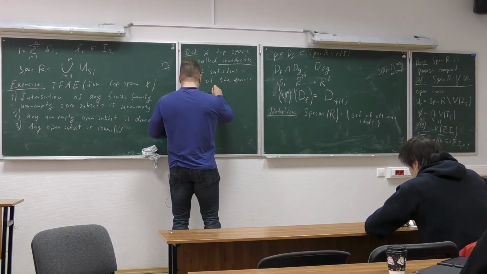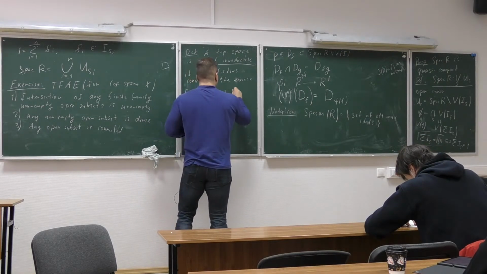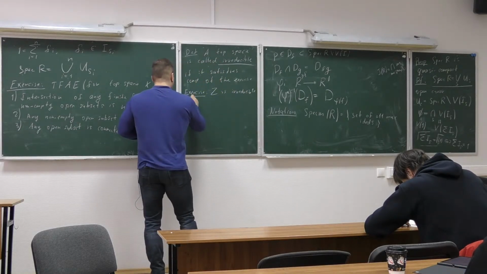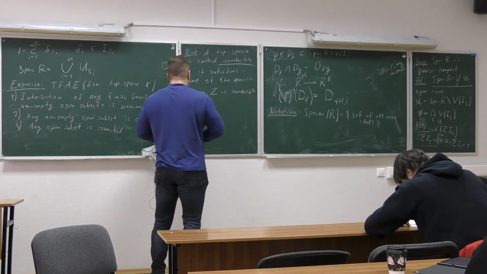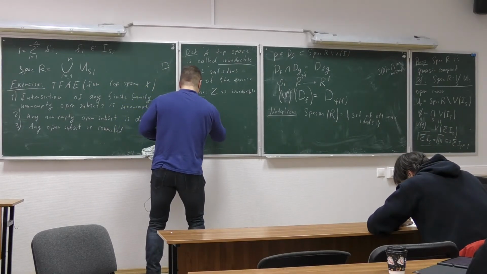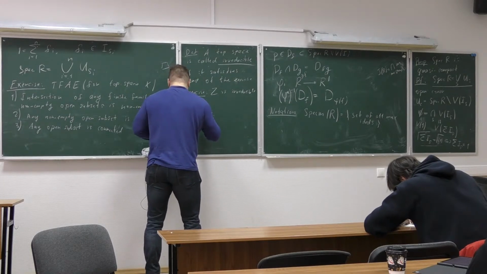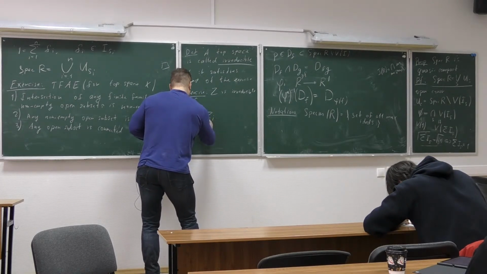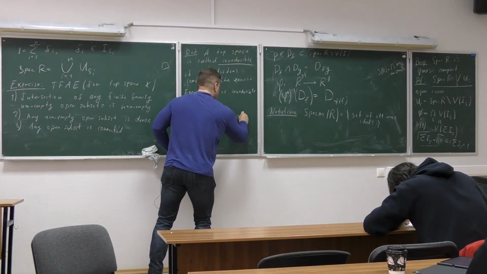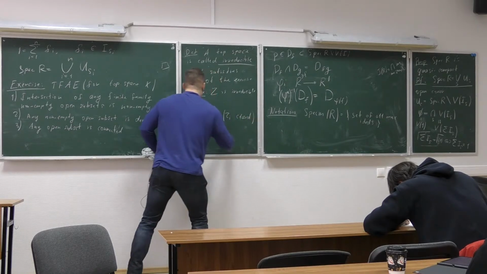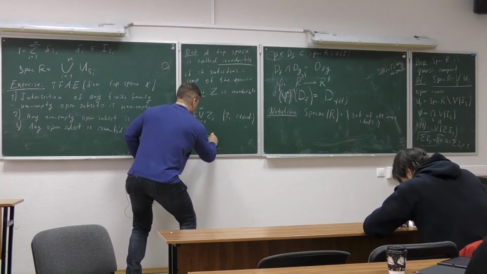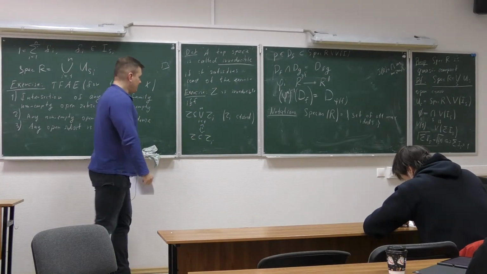Z is irreducible if and only if we have the following property: if Z is a subset of the union of the Z_i's, where all these Z_i's are closed, then Z sits inside one of these Z_i's.